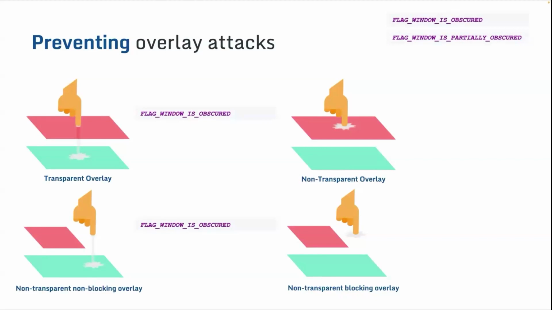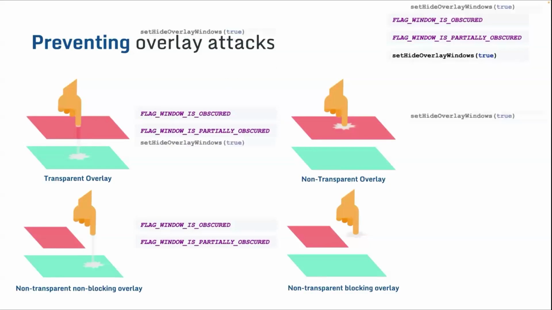But for this, again, we need to get the touch. So it applies for the same 2 cases. Later on Android 12, a new improvement was implemented, and it's just the possibility to hide any non-system overlay. So it can be applied for all the cases.